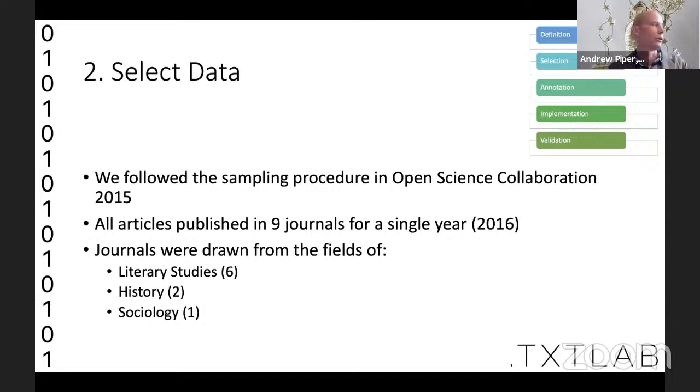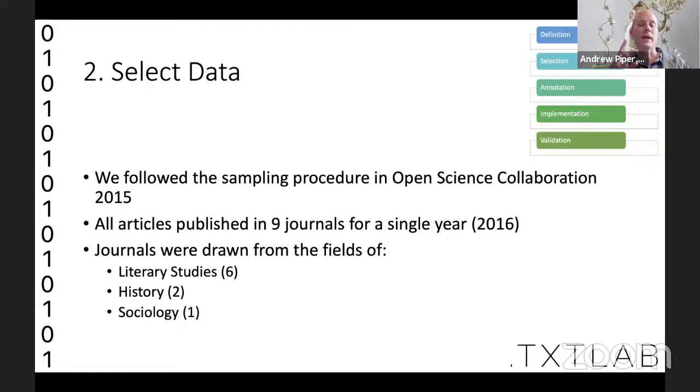And that article gives you a very good framework if you're interested in the question of replication, of how to reproduce someone else's findings to ensure that that insight is accurate and true and holds. They give you a very useful framework for how to do that. So we followed their sampling procedure, and we sampled 9 journals from a single year, all articles published in those journals.